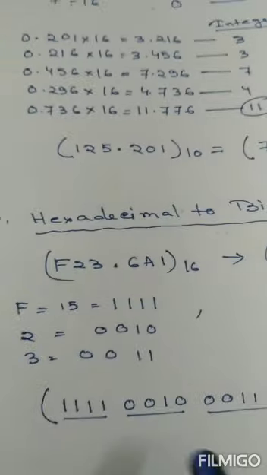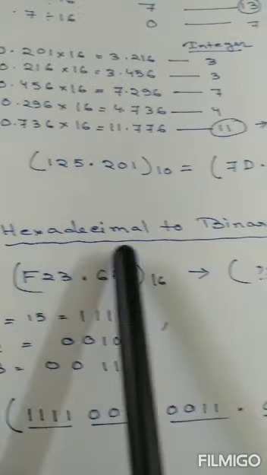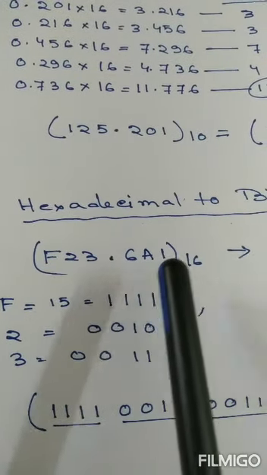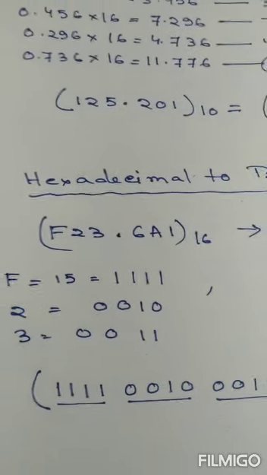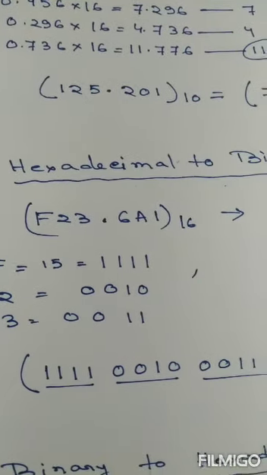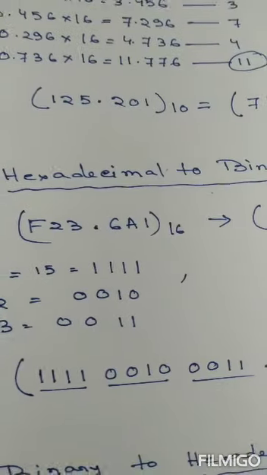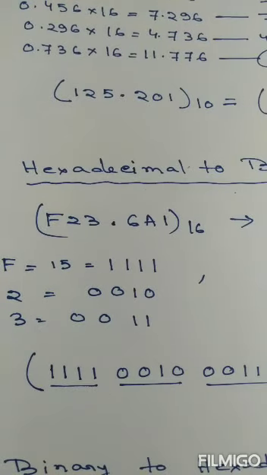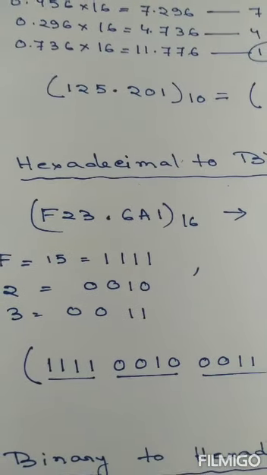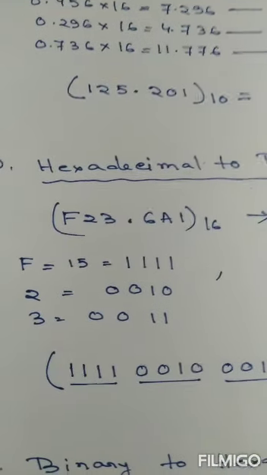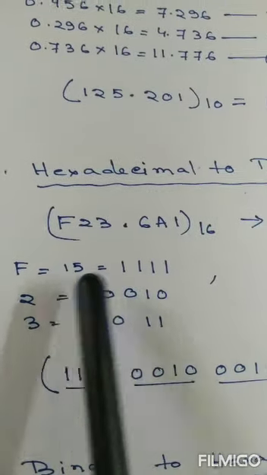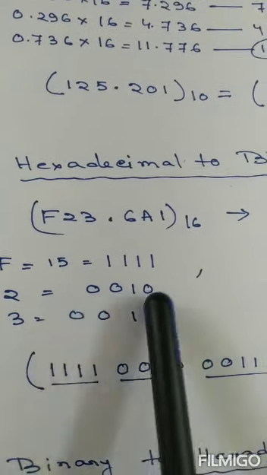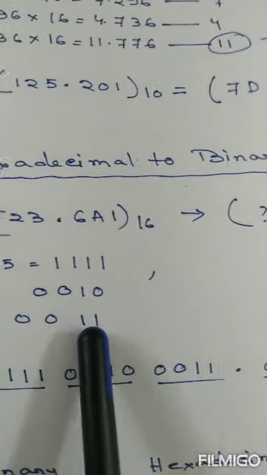Okay. Now, sorry, this is not the last one. This is hexadecimal to binary. The number is F23.6A1. This is the hexadecimal number. Similarly, in case of octal, we represent each digit with 3 bits. Here, we will represent each digit with 4 bits. Clear? So, F means basically 15. We'll write 1111. 2 means 0010. 3 means 0011.